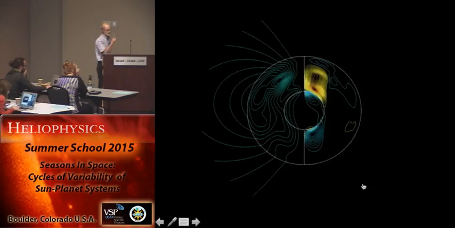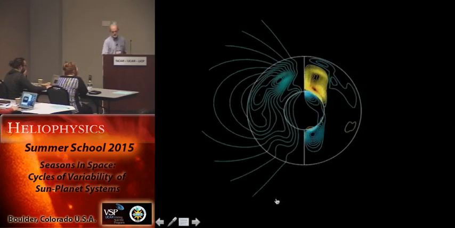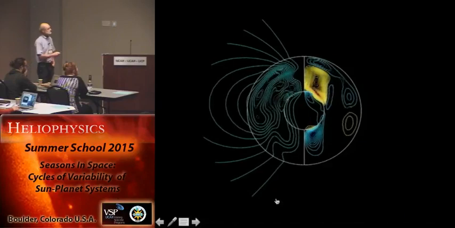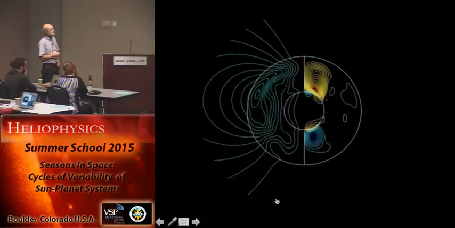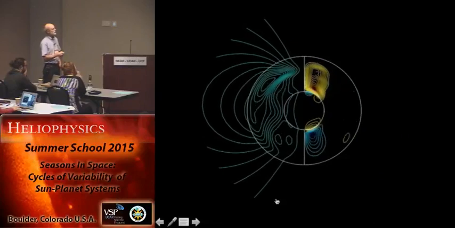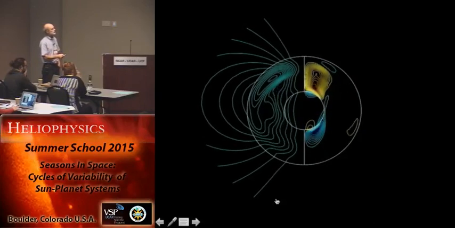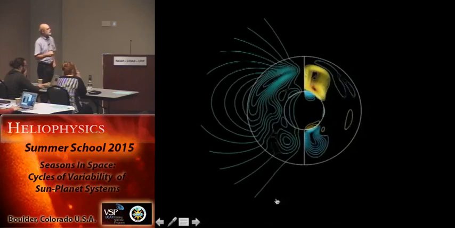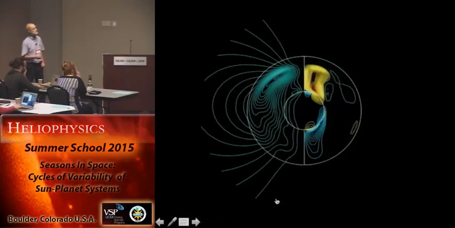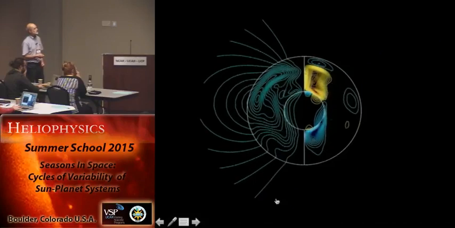So again, this will be the same 7,000 years that I ran just previously, but now you're looking at it inside the core where all the action occurs. So it's still time dependent, even when averaged in longitude. But every once in a while, the fluid flow tends to twist field lines in a different direction and tries to produce the opposite polarity, at least locally. And you'll see how this happens.